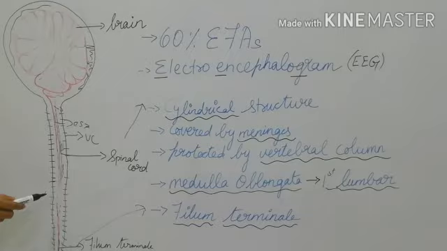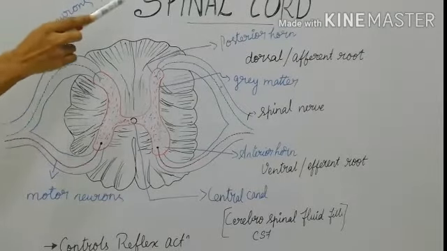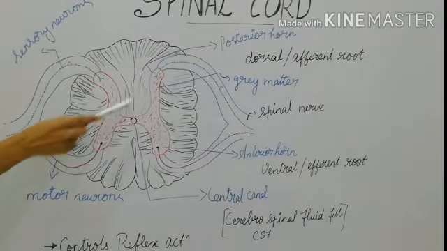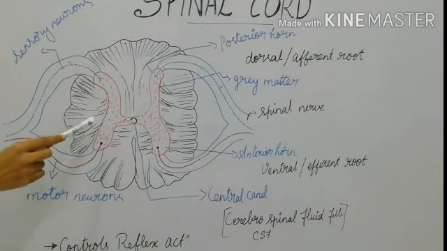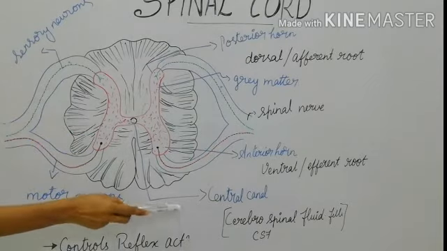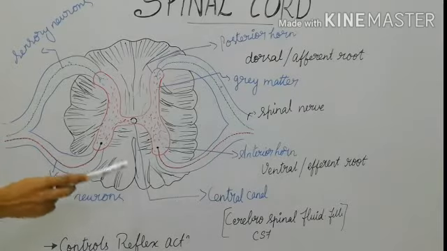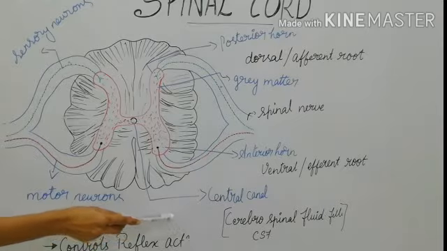If we cut the spinal cord like this, that is the cross section, and this is the cross section of the spinal cord. At the center we can see the grey matter, and outside the grey matter, white matter will be present. In the center of this grey matter there is a cavity, called the central canal, and that cavity is filled by the cerebrospinal fluid.